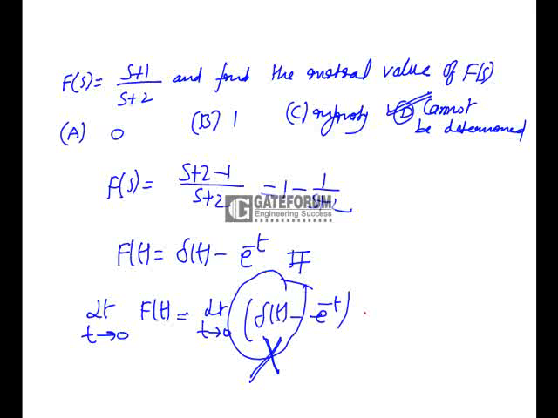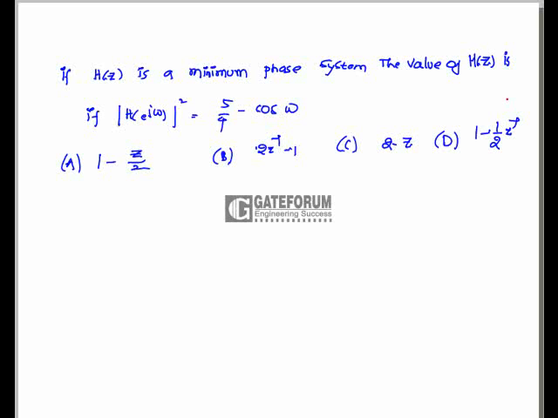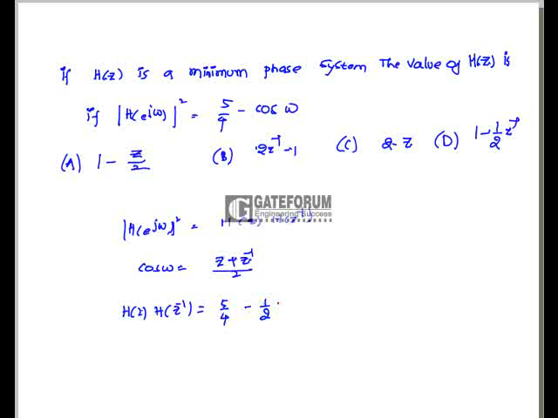Minimum phase system, the value of is, see, H of e power j omega is written in z domain as H of z, H of z inverse. Here cos omega is nothing but z plus z inverse by 2. That is H of z inverse is equal to 5 by 4 minus 1 by 2 z minus 1 by 2 z inverse.